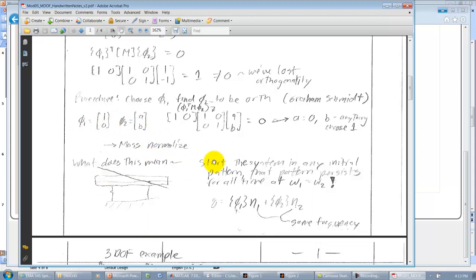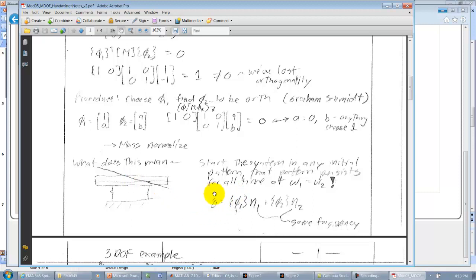But this has an interesting physical interpretation. What this actually means is that however we displace the system initially, whatever pattern of motion we might give to this car initially, we can call that a mode vector, or an eigenvector, and the system will stay in that shape for all time. It will oscillate at a single frequency in that one shape for all time.